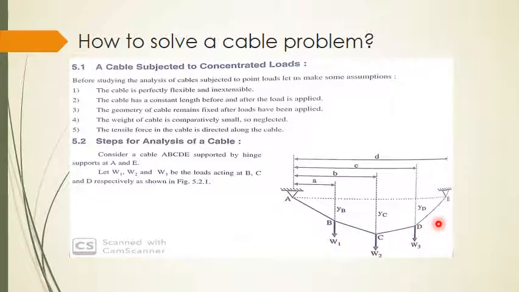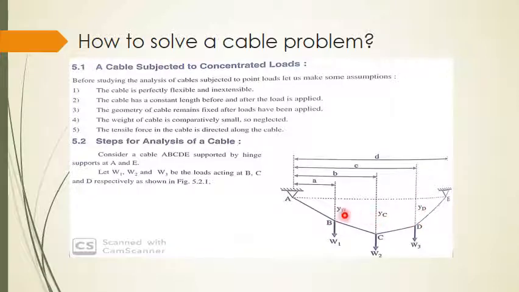Most of the times your problems will consist of 2 point loads or 3 point loads maximum. Then the horizontal distances between the support and the loads will be given, A, B, C, D, and the dips in the cable due to the point loads, that is YB, YC and YD, will be there.